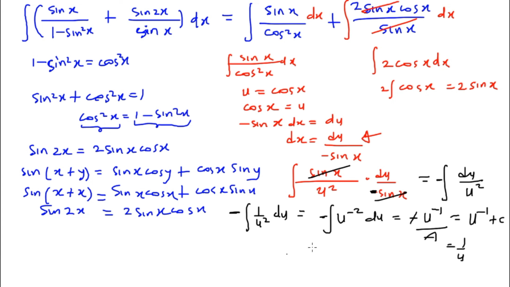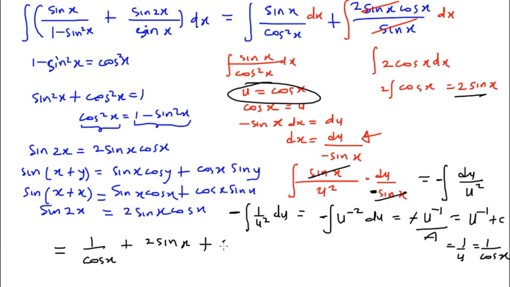But remember that u is cos x, so finally I will have 1 over cos x. So the final answer for this particular question is 1 over cos x, plus the other answer, 2 sine x, plus c.